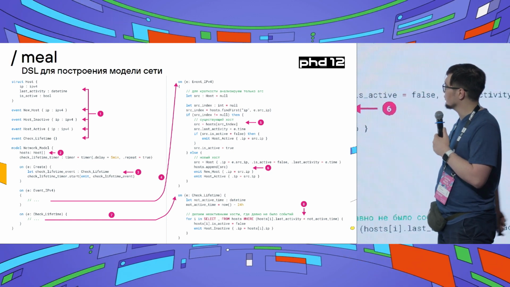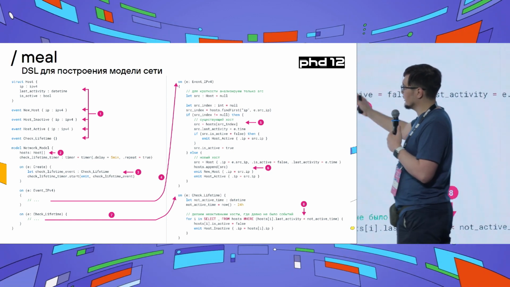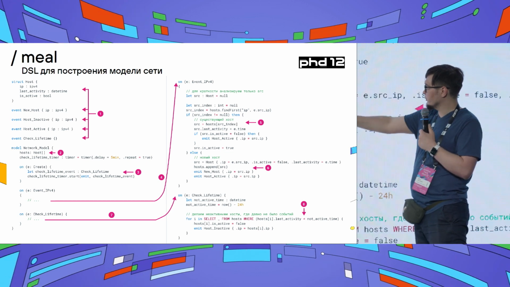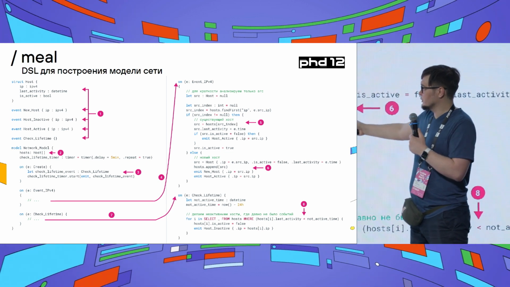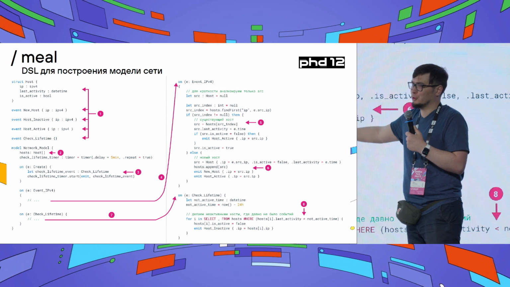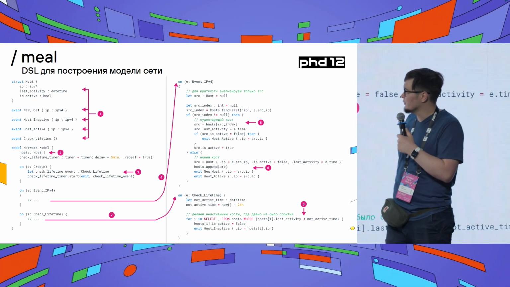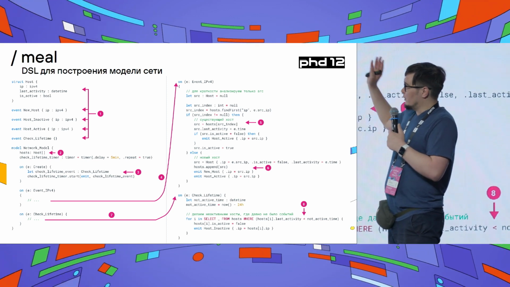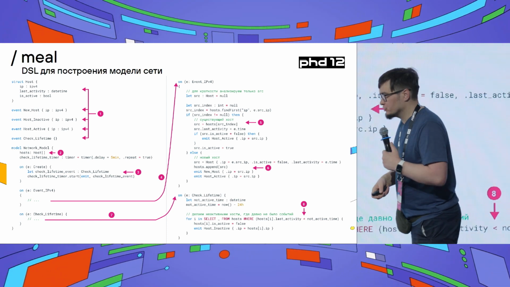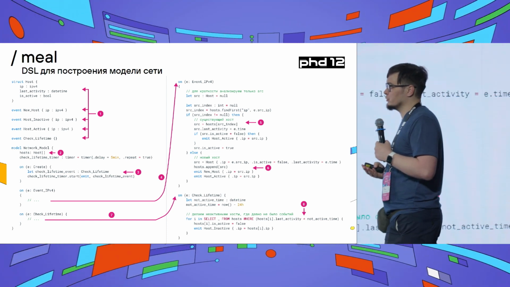Once we find them, we check if it's active or not. If it was inactive, we declare it active. If there hasn't been such a host, we declare a new host. That's okay, we have a new host and it's active. The events problem is thus solved.